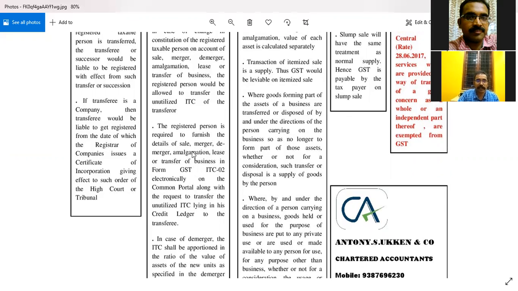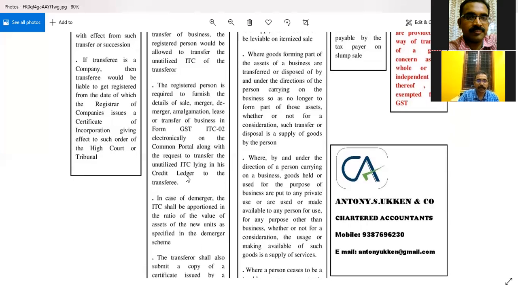The details are required to be furnished in Form GST ITC-02 electronically on the common portal, along with a request to transfer the unutilized ITC lying in the electronic credit ledger of the transferor to the electronic credit ledger of the transferee.